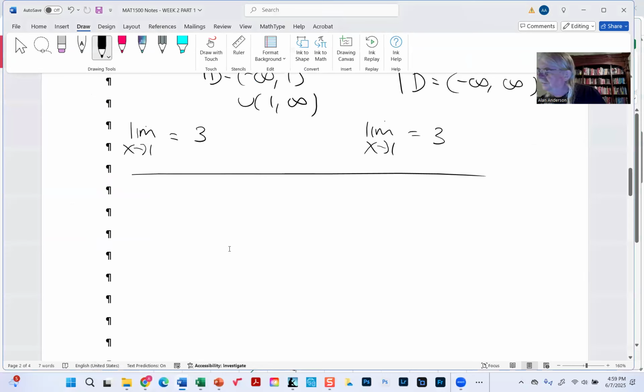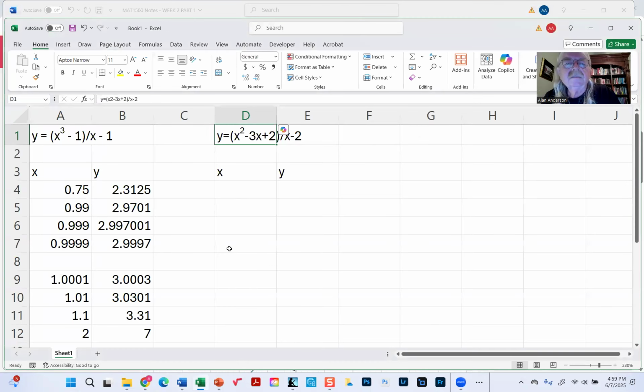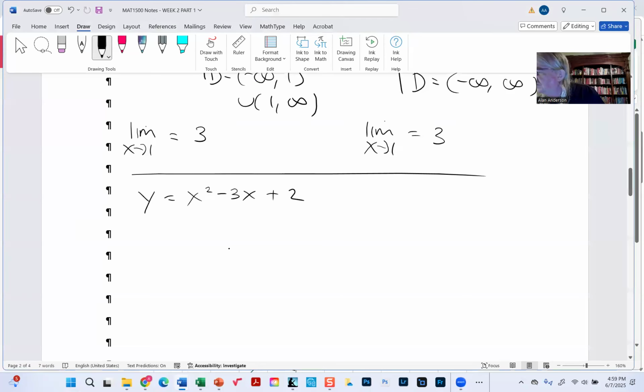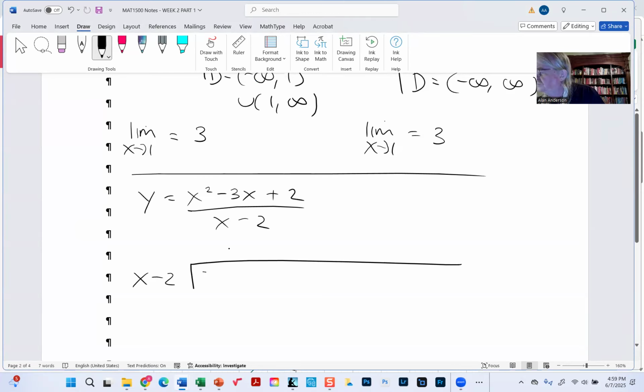x squared over x minus 2. So try some long division. Start with x. And remember, we're subtracting.